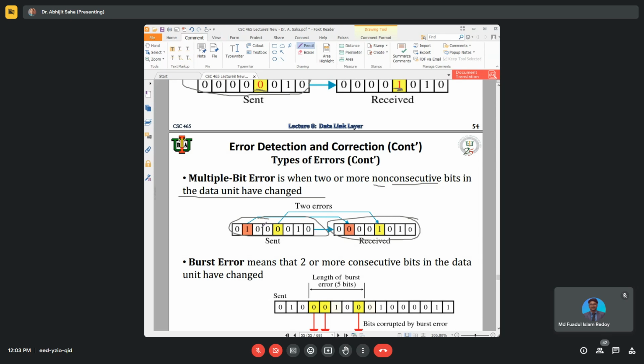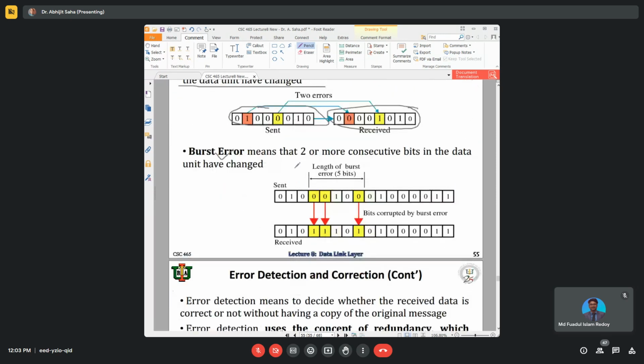If two or more bits have changed on the receiving side and they are non-consecutive, it is called a multiple bit error.